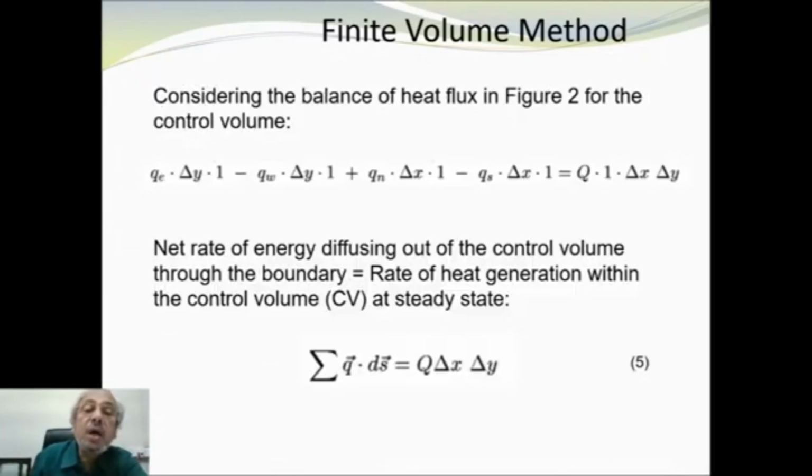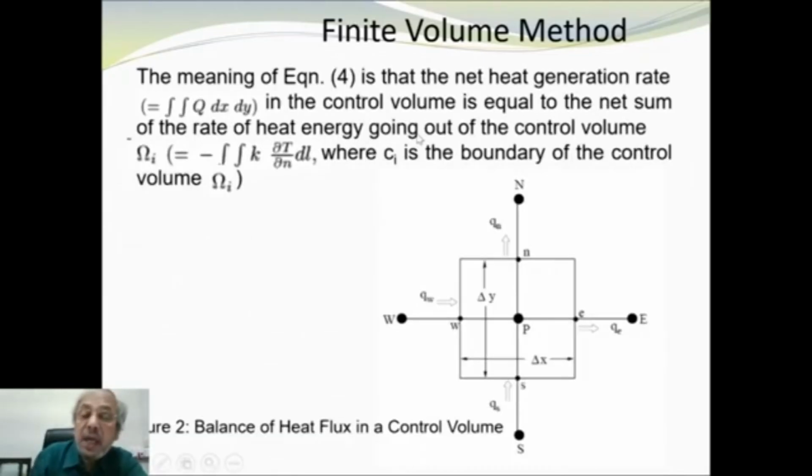So considering the balance of heat flux at the interface, that means the interface between the eastern cell and the cell of interest, at the boundary, if we consider the heat flux is QE, then similarly at the western side the heat flux is QW, the northern side heat flux is QN, and the southern side heat flux is QS.